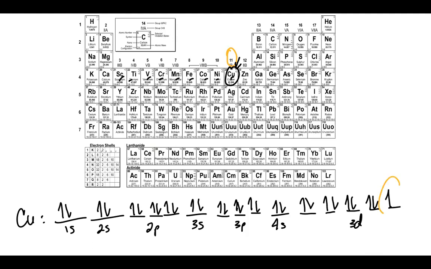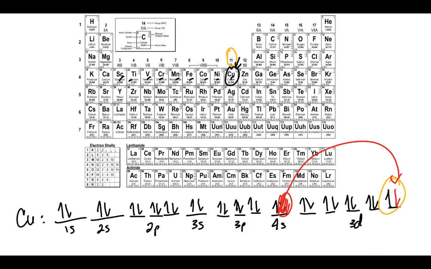So we have a similar problem to what we had with chromium, only the first 4 d orbitals are now paired and full, but the last one has a lone electron. So it's going to follow the same kind of exceptional rule where you take the electron out of 4s and use it to fill in the last orbital for 3d.